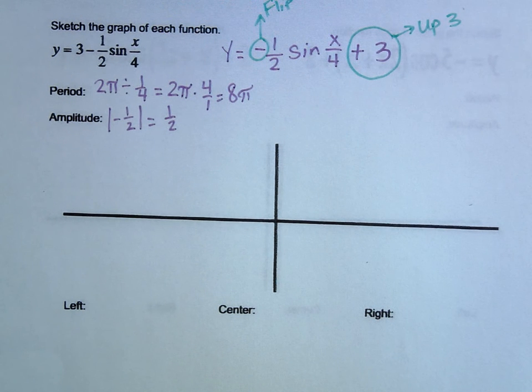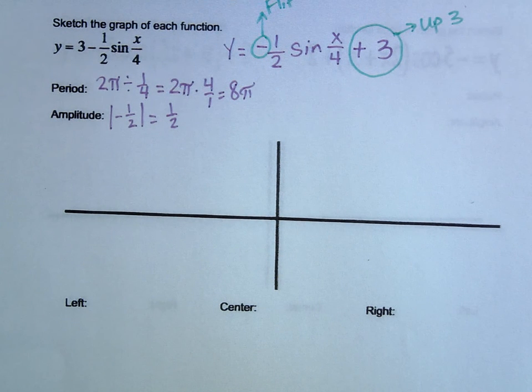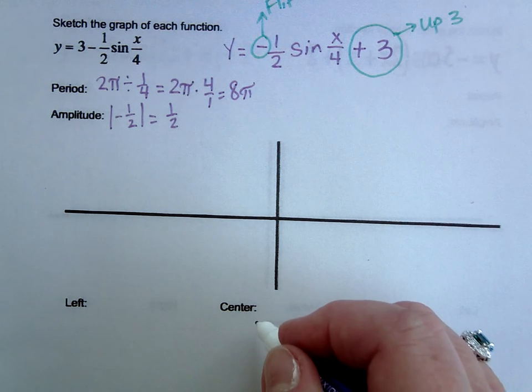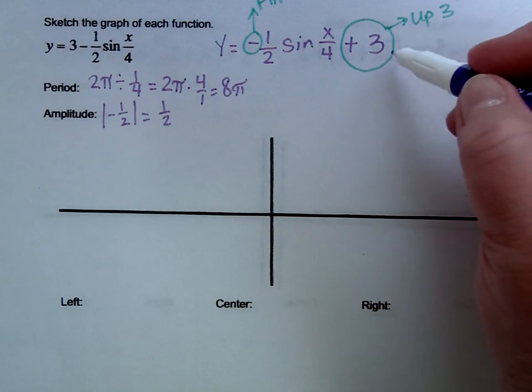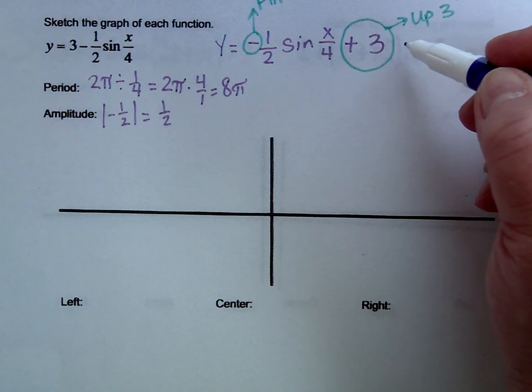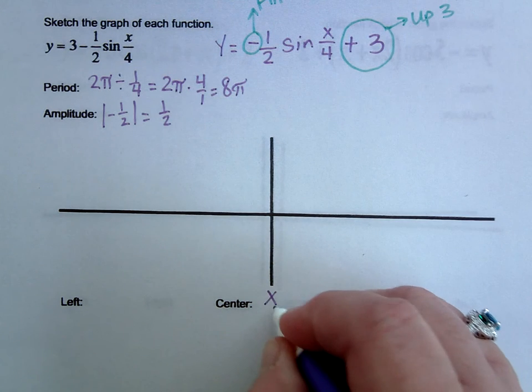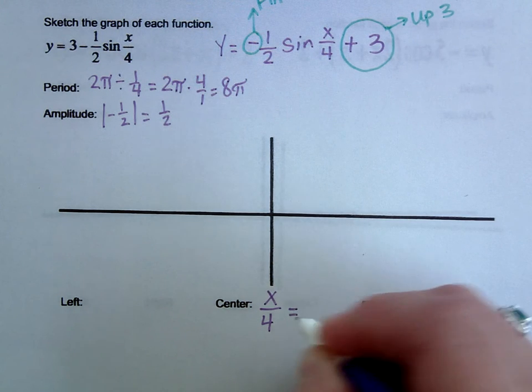Let's see if we can use the trick I just talked about with the period of the graph, and let's just go for the center and see where it goes. So my center, I have to take whatever is, remember the +3 is an up thing, it's not like it's in parentheses. So I'm only using x over 4, and I'm setting that equal to 0.